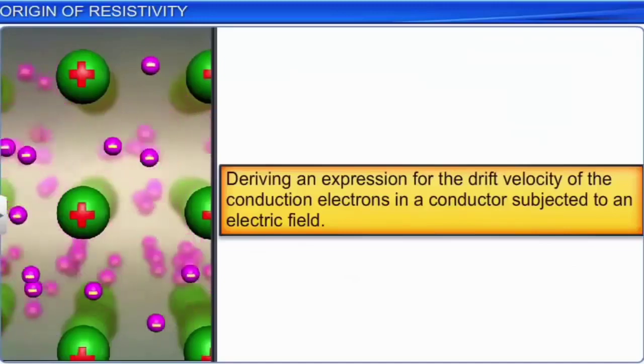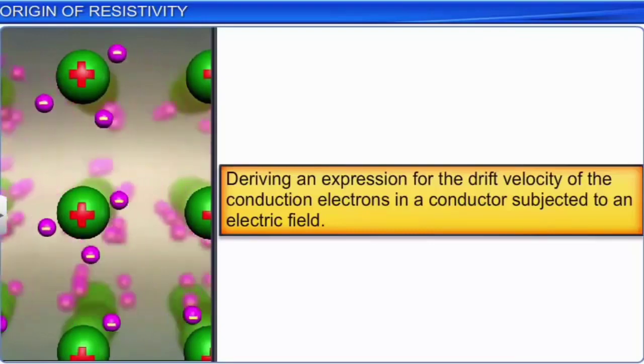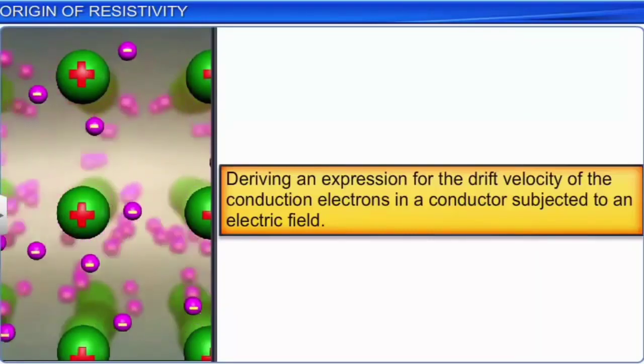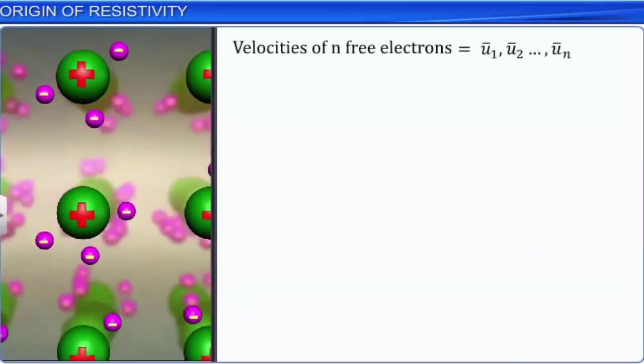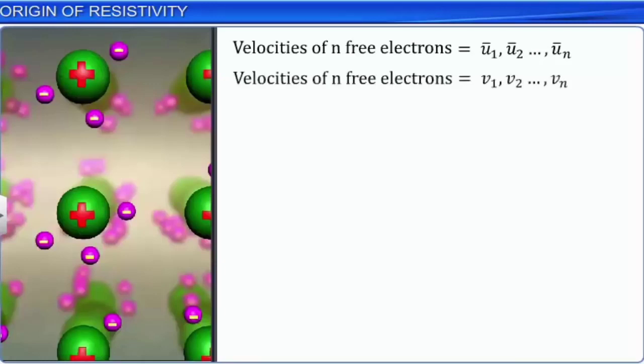Let us find an expression for the drift velocity of the conduction electrons in a conductor when subjected to an electric field. Earlier, we considered the velocities of n number of conduction electrons at any given instant to be u1, u2, so on till un. Now, when the electrons are subjected to the electric field, let their velocities be v1, v2, so on till vn.